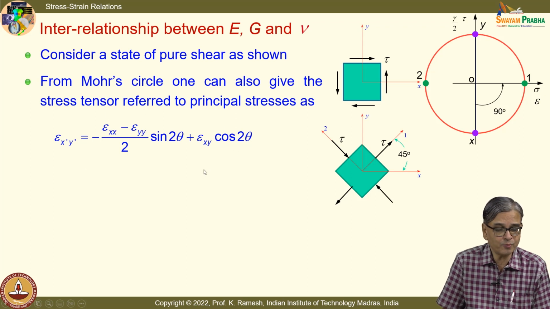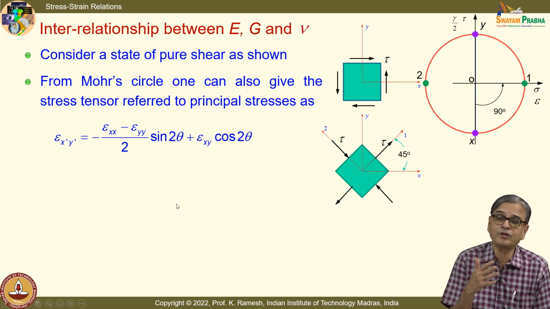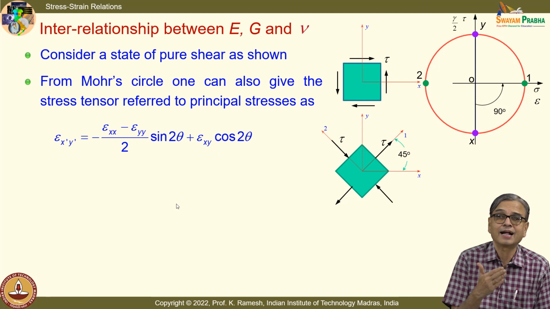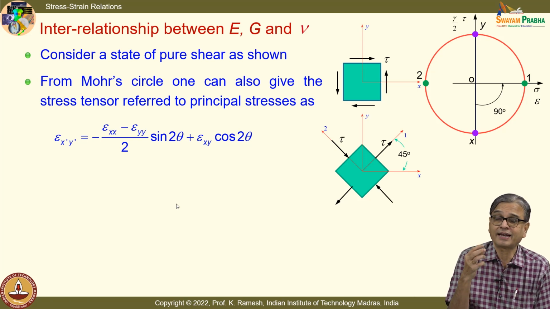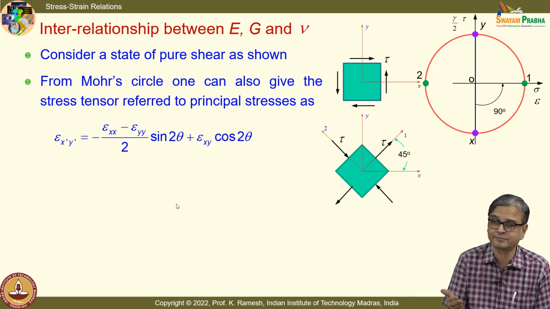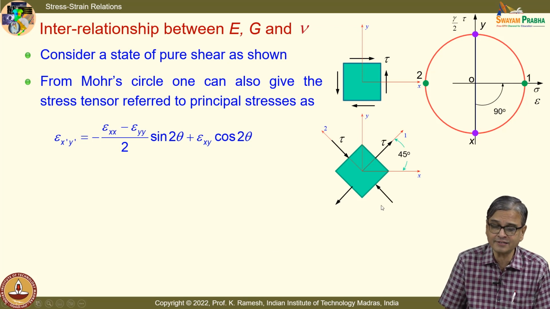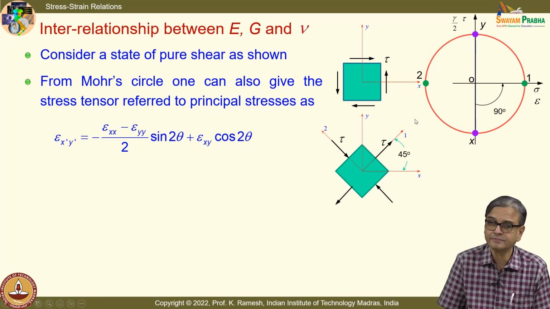Now what I am going to look at is I want to express gamma xy in terms of the principal strains. So I am going to write my strain in the principal strain directions. That means I will have only epsilon 1 and epsilon 2. Is the idea clear? From that I want to express what happens in plane x and plane y.